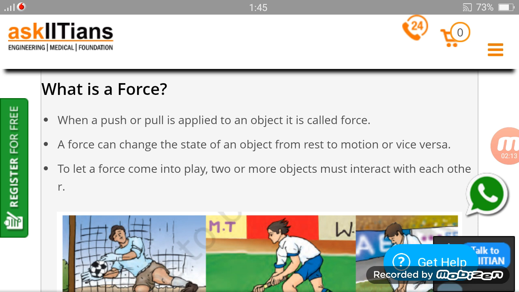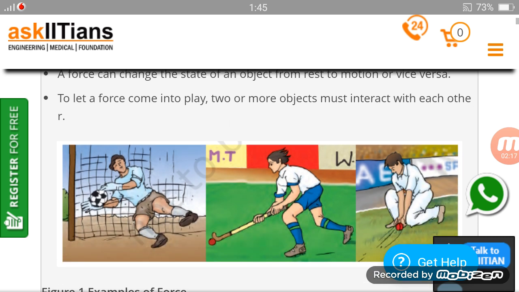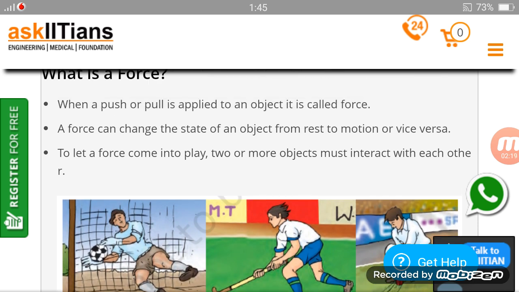If I pull someone, then the person will move towards me. If I pull something, then the thing will come towards me. So I think push and pull both are clear, and force is also clear with the same. So a push or pull is applied to an object, and that push or pull is regarded as force.